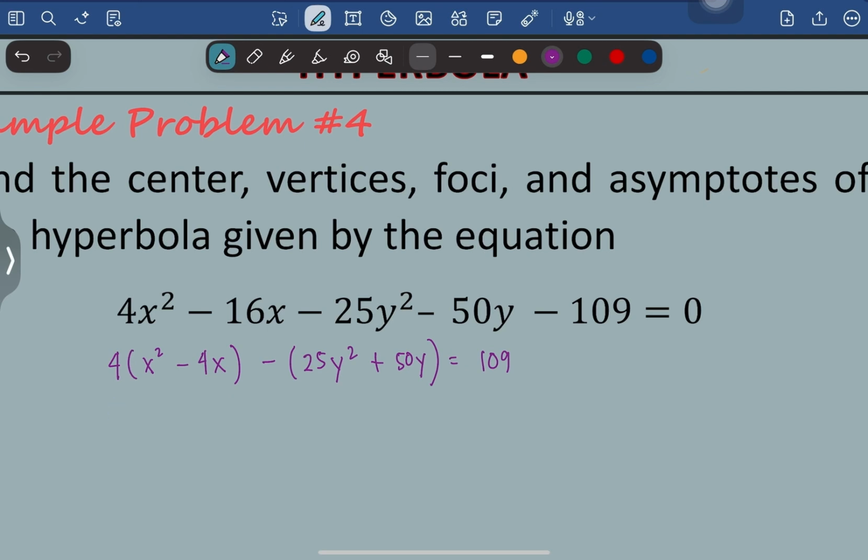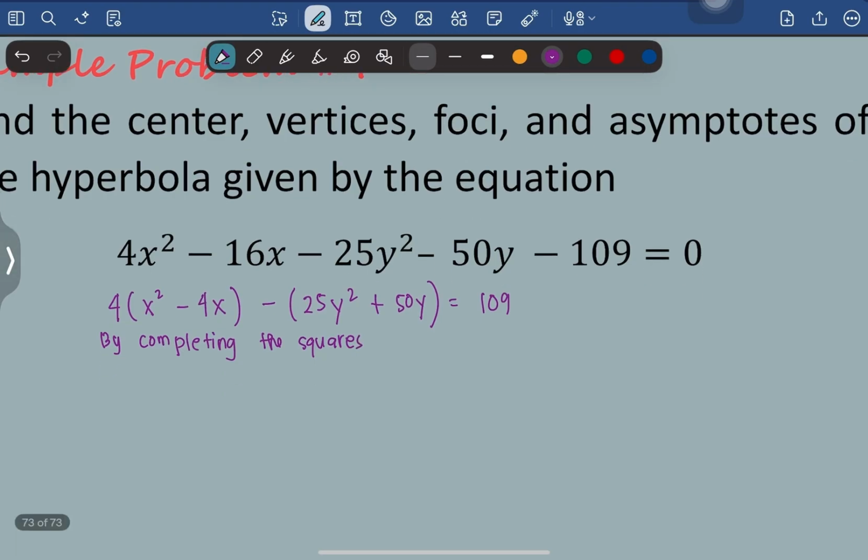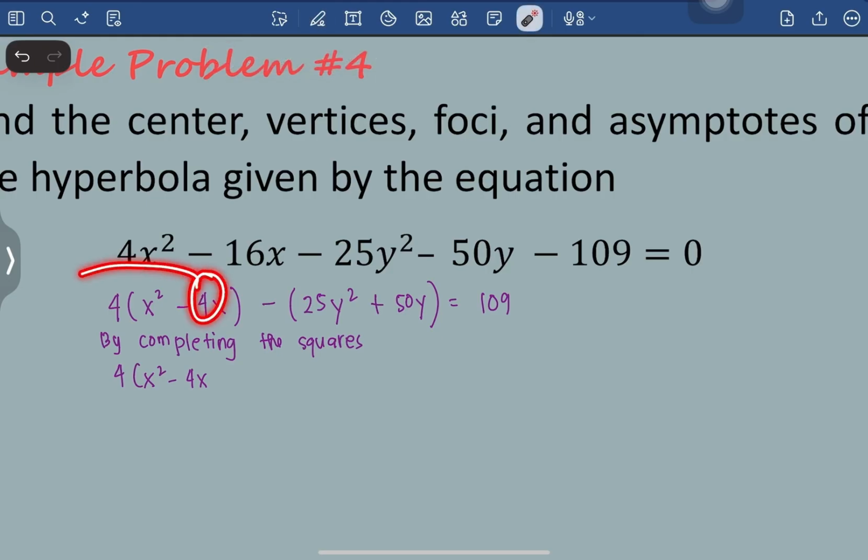Then, by completing the squares, so what is the half of 4? So 4 halves is 2.